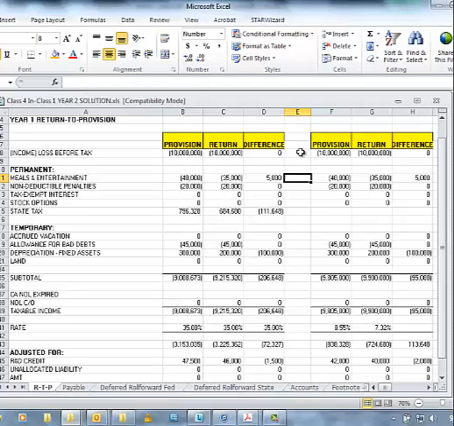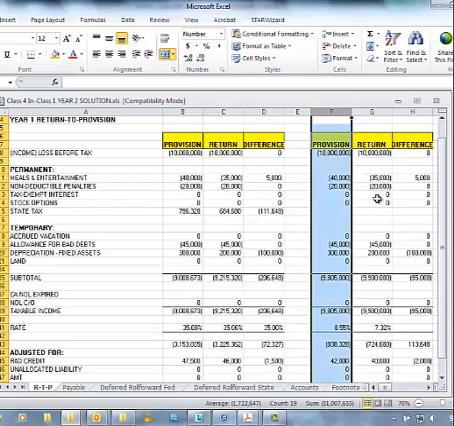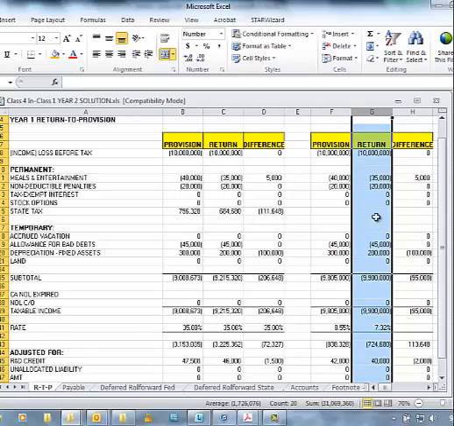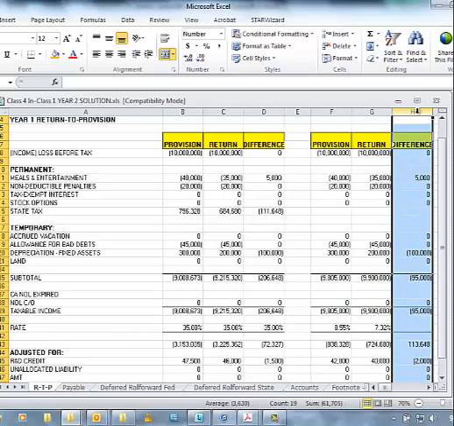Okay? So what I've done in this schedule, I've taken the provision, the payable column, and I have put it next to a similar column for the return in order to capture the differences.